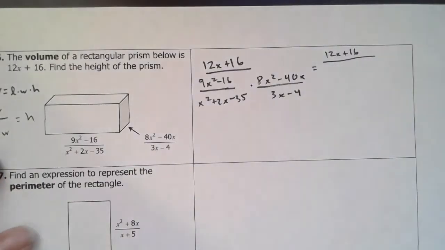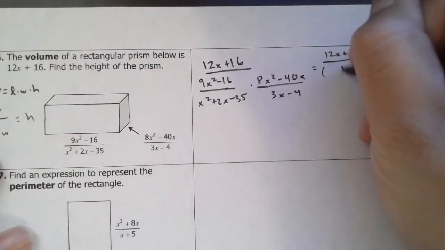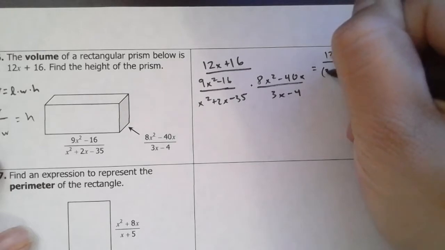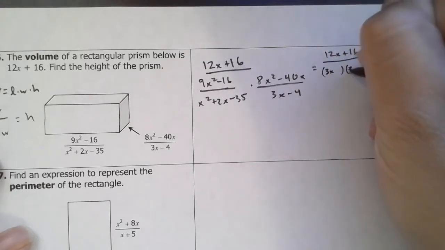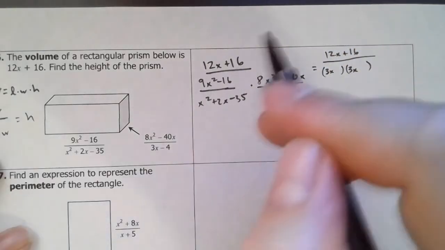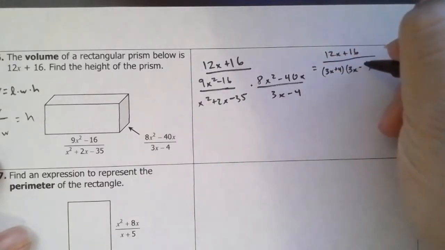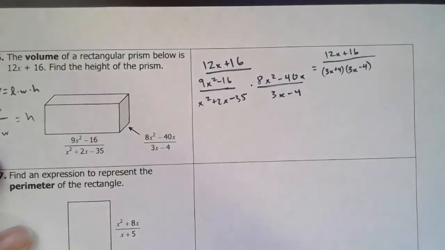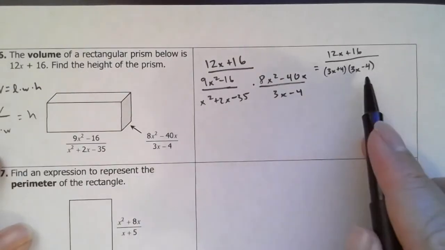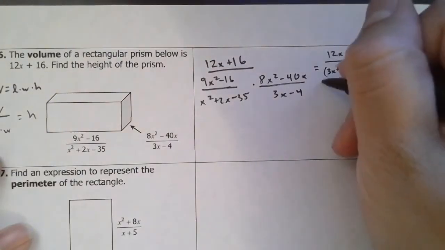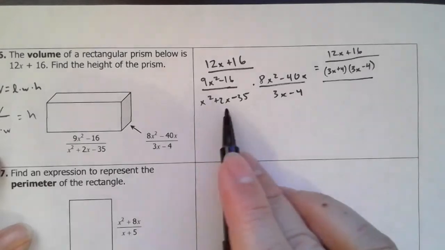Square factor of 9x squared is 3x. So it becomes 3x and 3x. Square factor of negative 16 would be plus 4, minus 4. You guys can see that, plus 4 minus 4 all over x squared plus 2x minus 35.